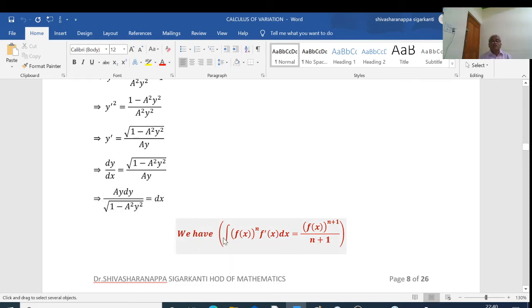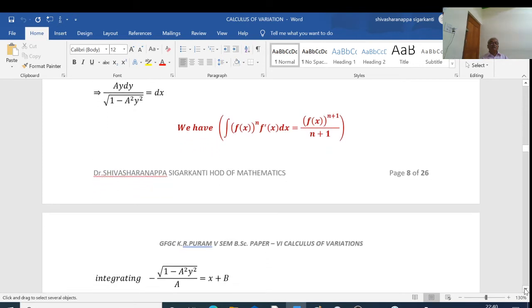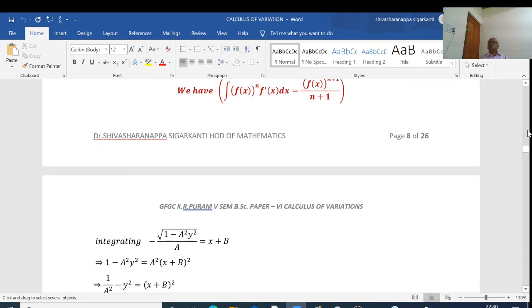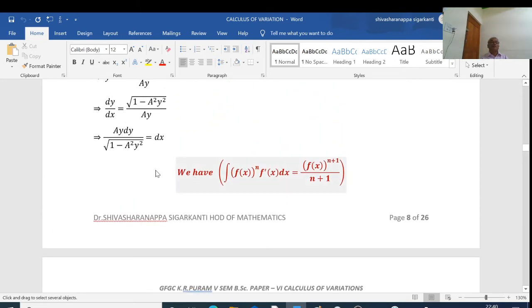So again the same formula whatever we have used in the previous example: function to the power of n into function dash x dx is equal to function to the power of n plus 1 divided by n plus 1. Okay, so here, if I write this in the numerator, I have to write this as 1 minus a square y square to the power of minus 1 by 2.